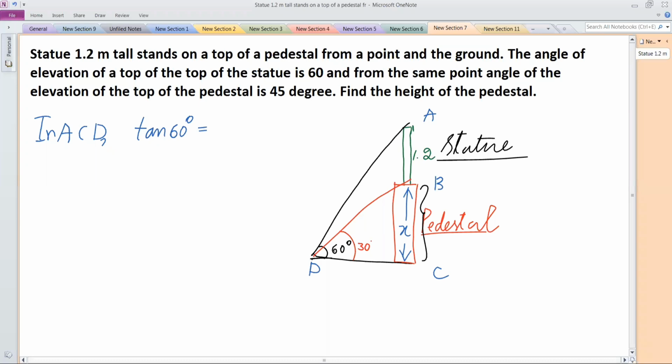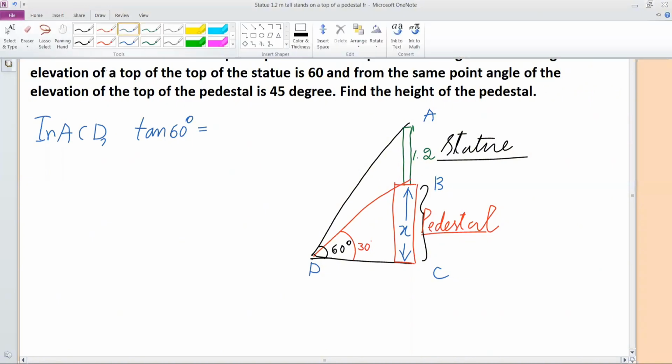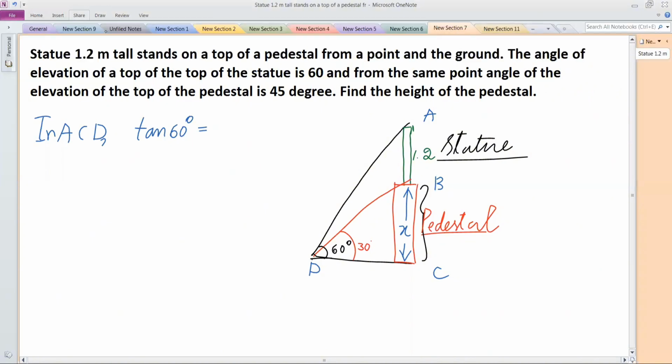Next, the opposite side is not only 1.2, guys. It is 1.2 plus x, because we have considered the height of the pedestal as x.